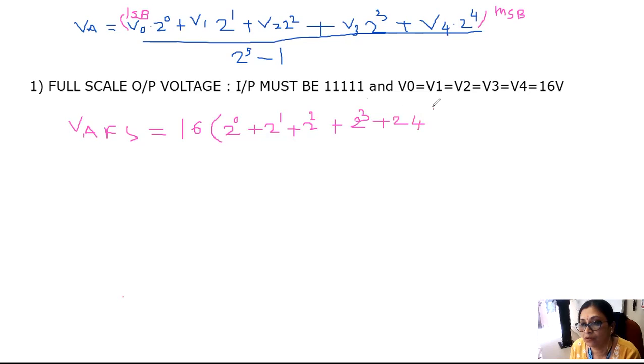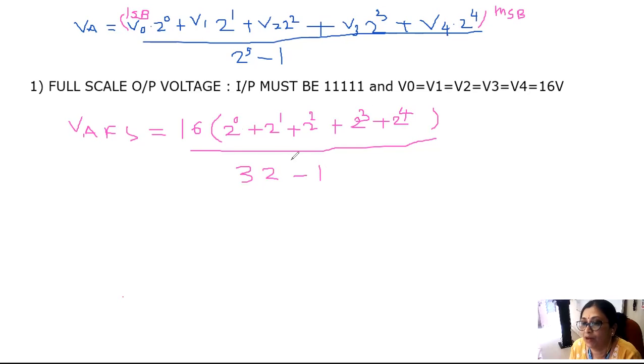Okay. So this will be in the numerator, and at the denominator, it is 2 raised to 5 minus 1. So what is the value of 2 raised to 5? 32. So this will be 32 minus 1.